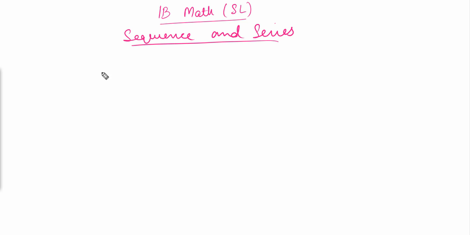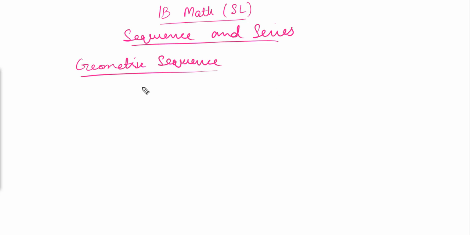Alright, so after that arithmetic sequence, now we have to discuss the geometric sequence. So in a geometric sequence, we have a common ratio instead of a common difference. In the arithmetic sequence, we have seen that within a sequence there is a common difference between two consecutive numbers. Over here we will have a common ratio.